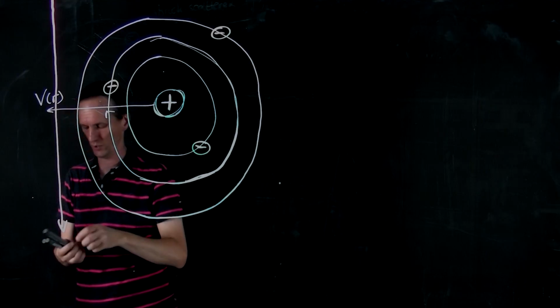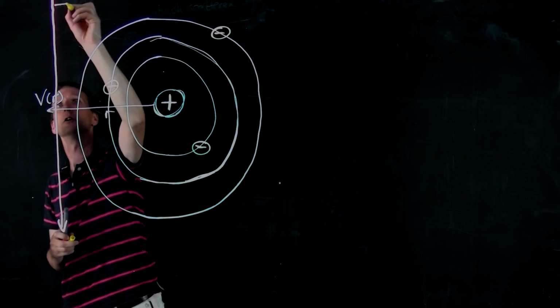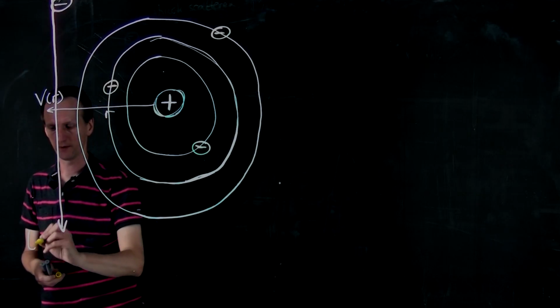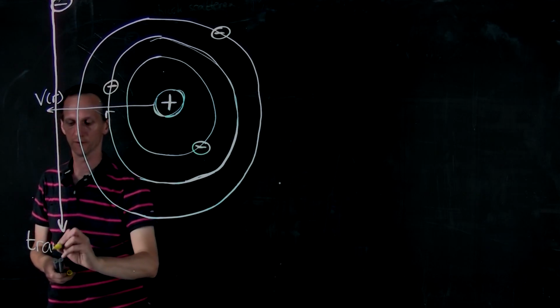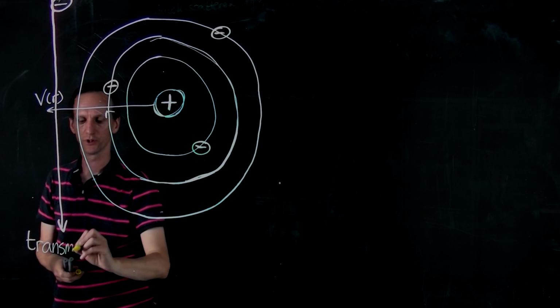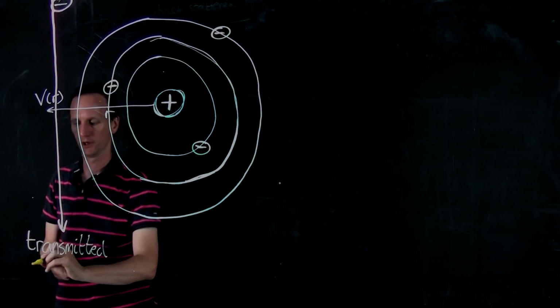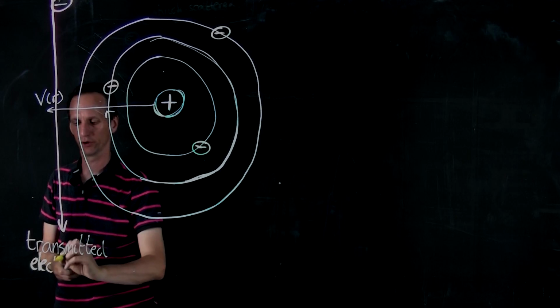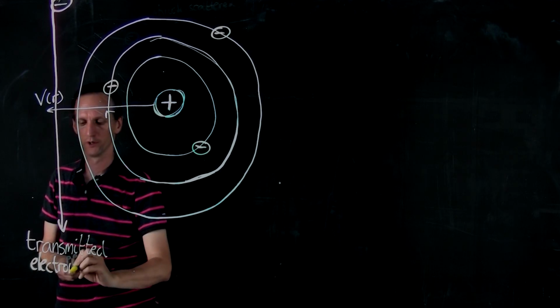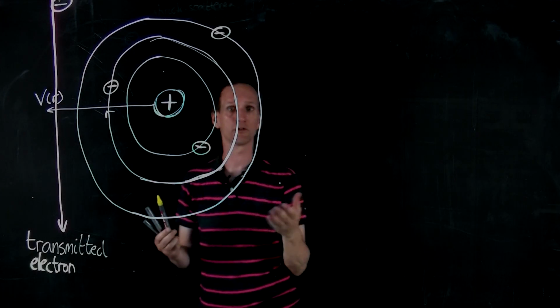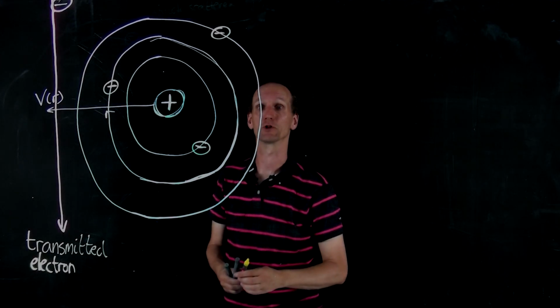So here we have our incoming primary electron, it will be transmitted, and if that is also the case for all the other atoms in the material we look at, we have a transmitted electron that exits the material at the lower face compared to where the beam was coming in. So transmitted electrons can constitute a signal in electron microscopy.